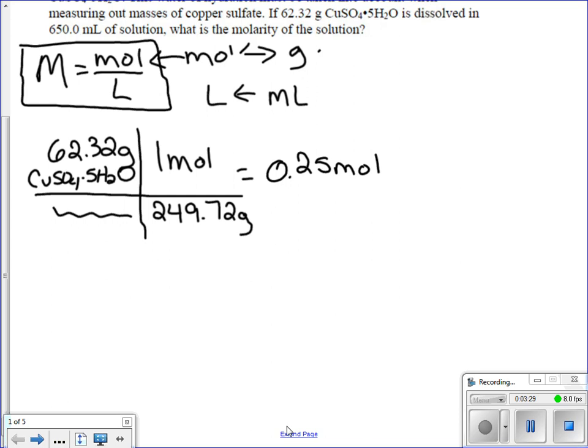All right, so now we've got our top number. They give us 650 milliliters. Well, we have to have liters. So we move our decimal 3 times to the left, and that gives us 0.650. So now we've got our bottom number. So now we need to divide the two.